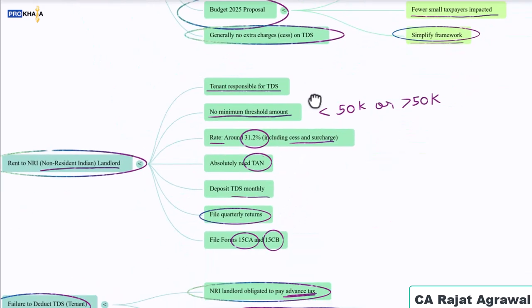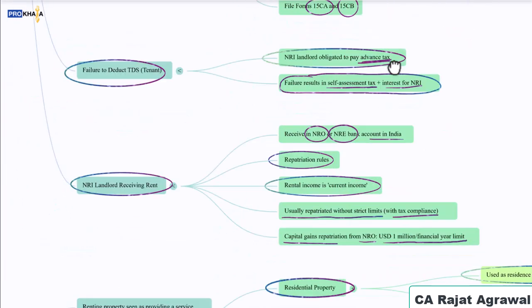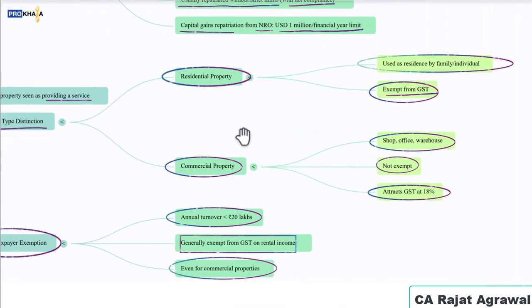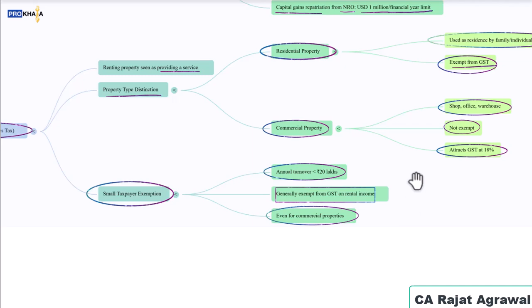TDS on rent for NRIs applies regardless of the rent amount at a higher rate of around 31.2% and requires monthly deduction and specific forms. GST on rent is applicable at 18% on commercial property rent, but is exempt for residential property rented for residential use, unless the taxpayer's turnover is below the small taxpayer limit. Knowing these points can save you a lot of confusion and potential notices.